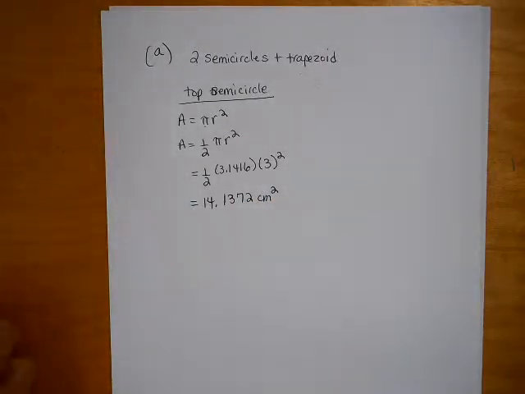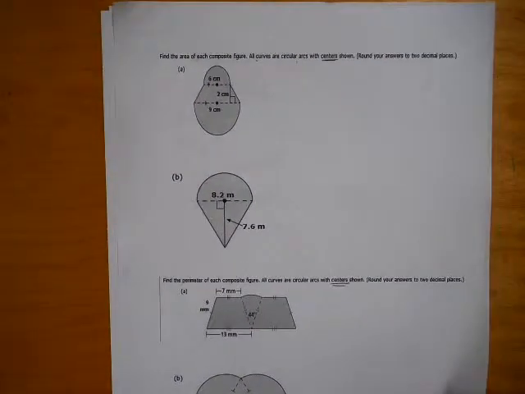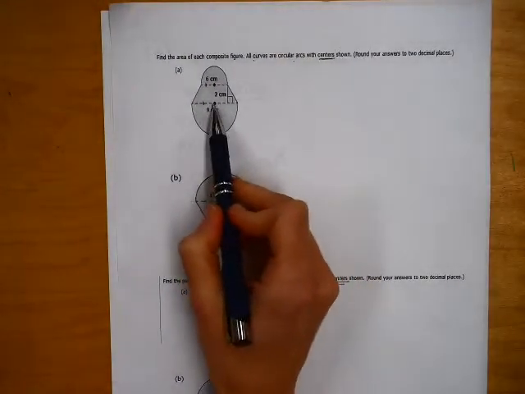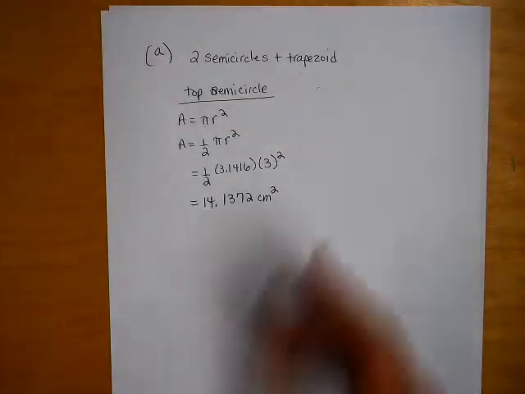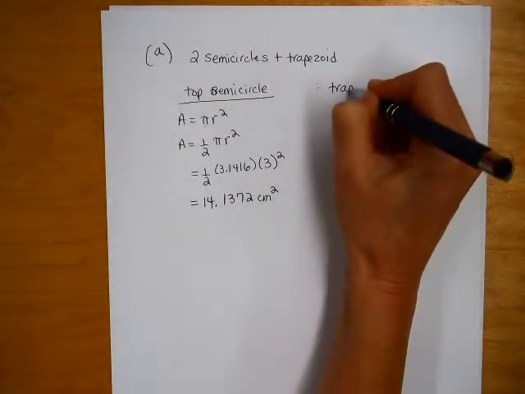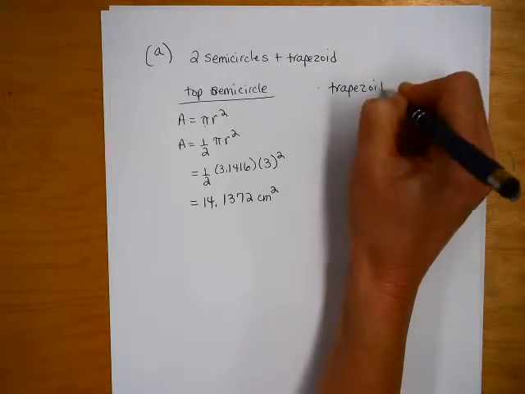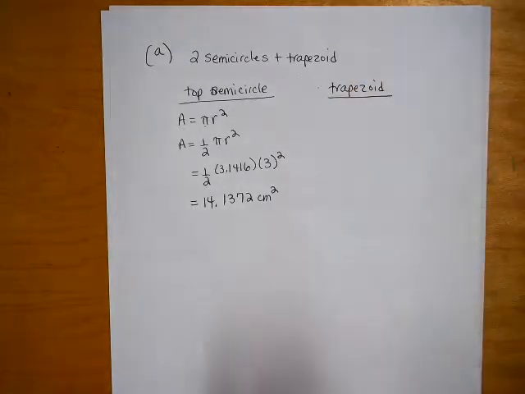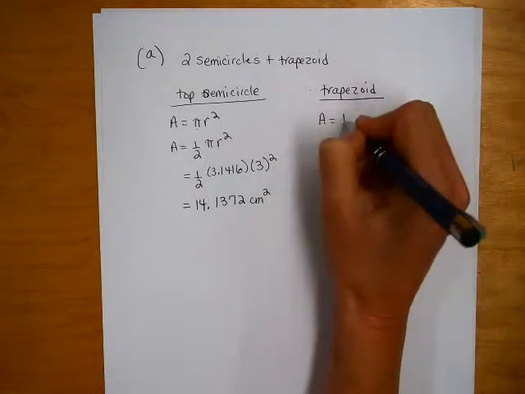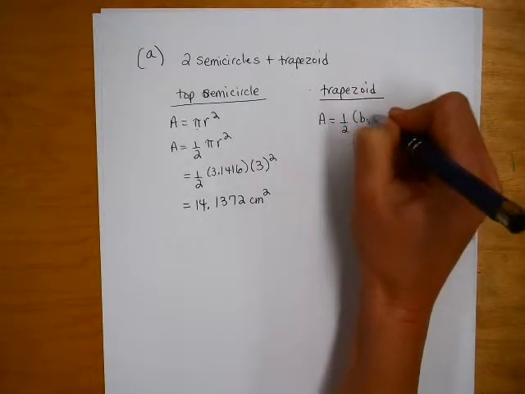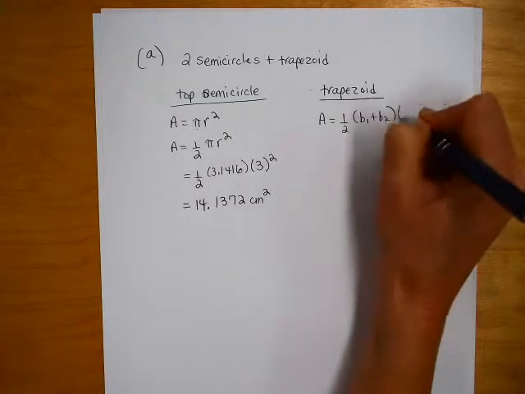Looking back at the drawing, I see that the middle part was a trapezoid, so next I'm going to find the area of the trapezoid. Again, go to your formula sheet if you do not know the formula, but it is area equals 1/2 times the sum of the 2 bases times the height.